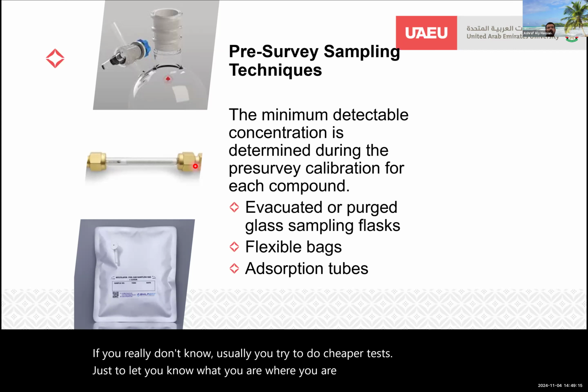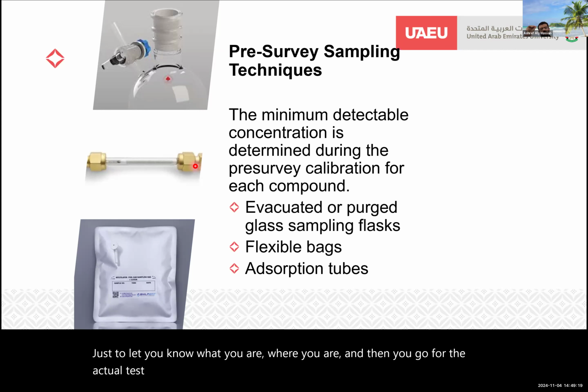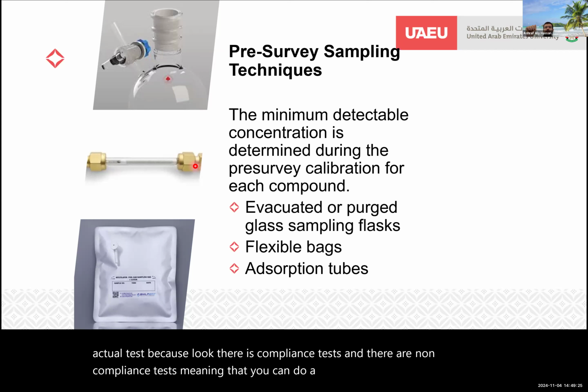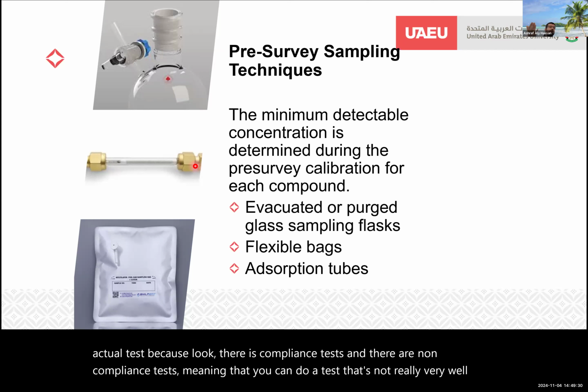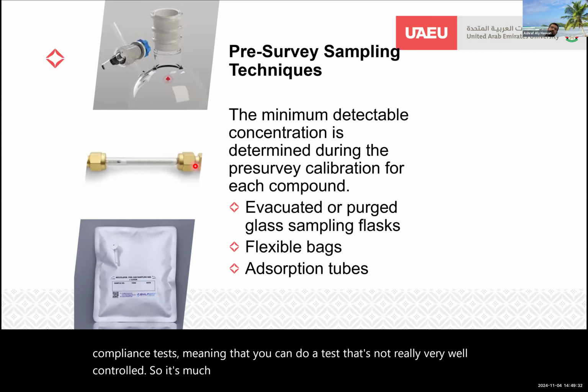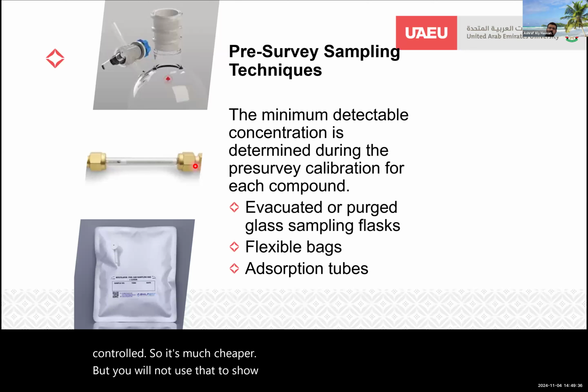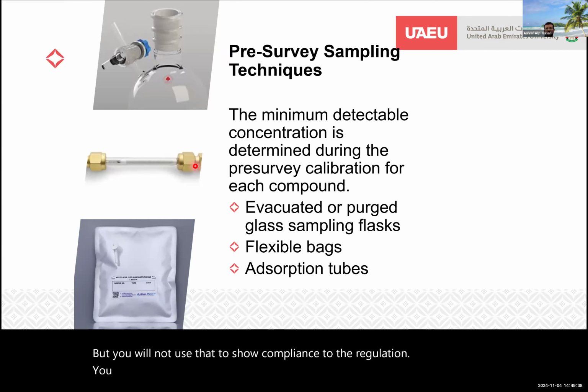And then you go for the actual testing. Because look, there are compliance tests and there are non-compliance tests, meaning that you can do a test that's not really very well controlled, so it's much cheaper, but you will not use that to show compliance to the regulation. You are just using this for information.